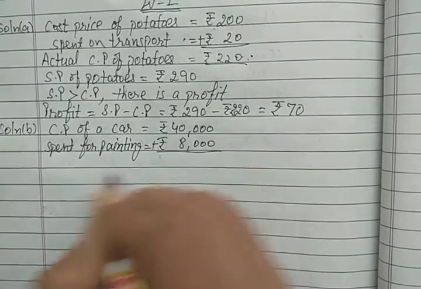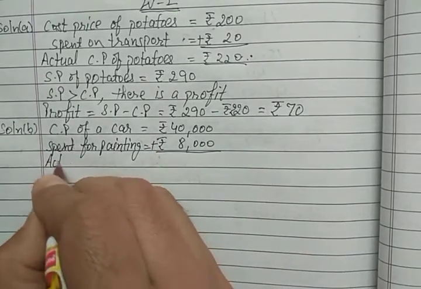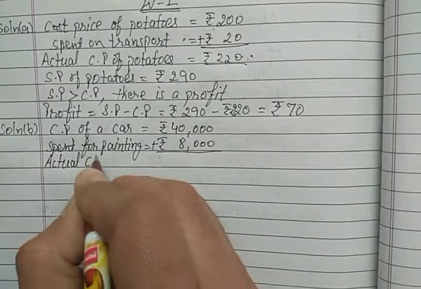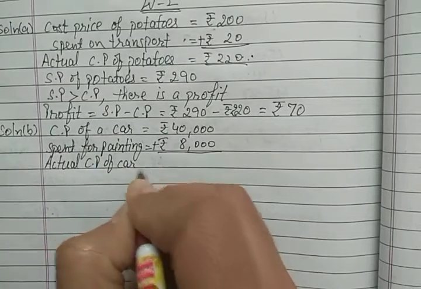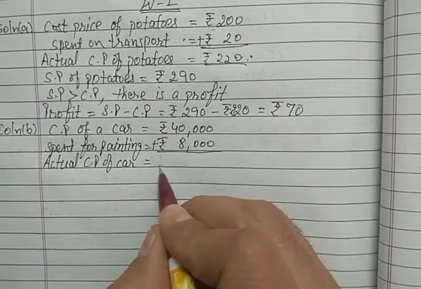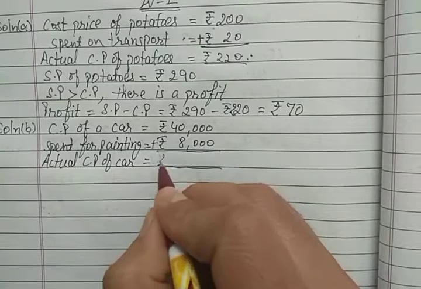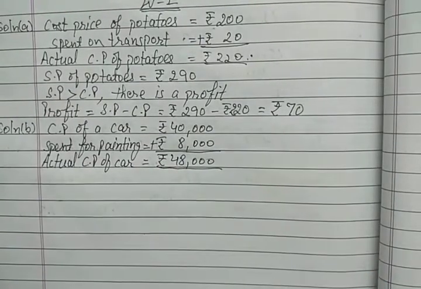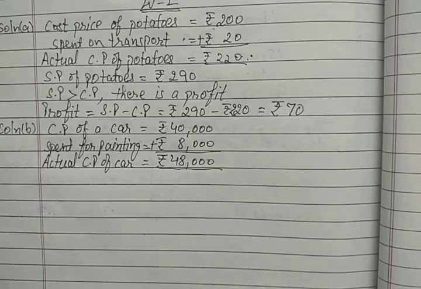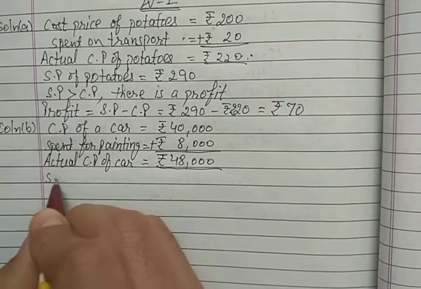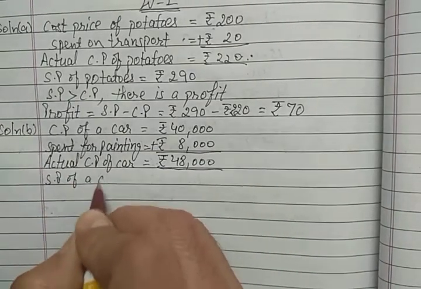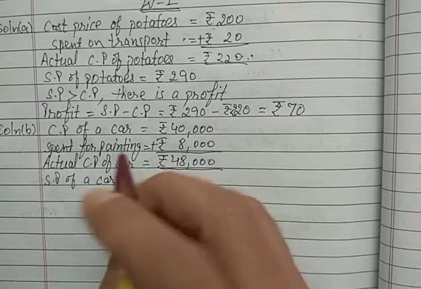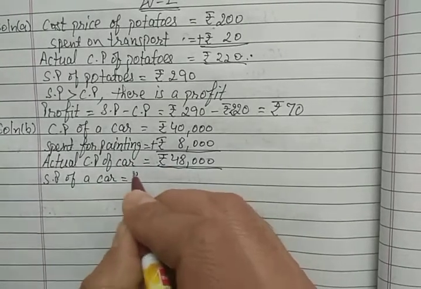Now actual cost price, actual CP of car, add them, that is 48,000, right? So 48,000 is the actual cost price. Now selling price of a car, that is ₹53,000.